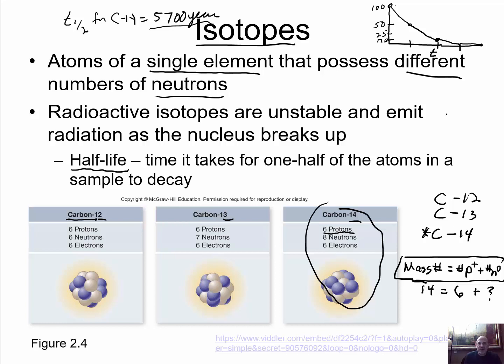So what we can do then is use this to tell you how old a sample that contained carbon is. Now, carbon-14 has a very small half-life, so you can't tell how old, say, fossils are, because fossils are in rocks, like dinosaur fossils, that are millions of years old, tens of millions of years old.